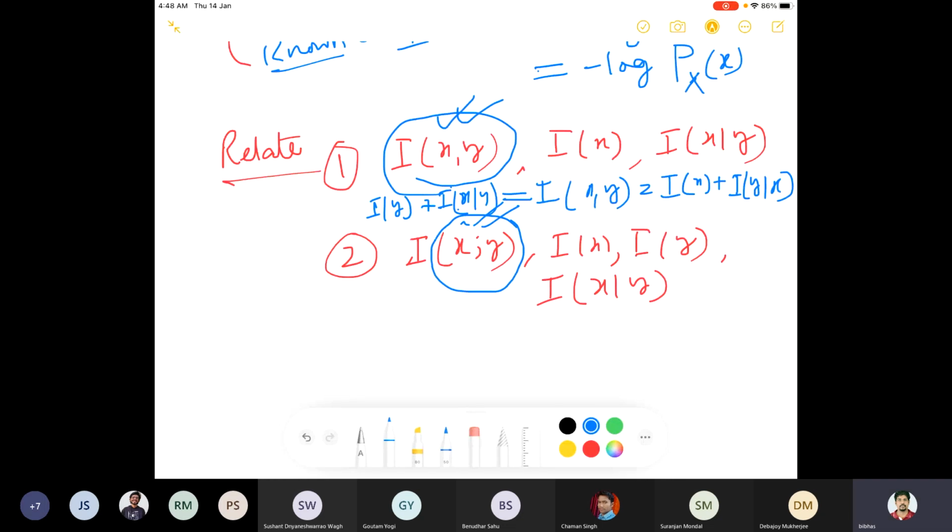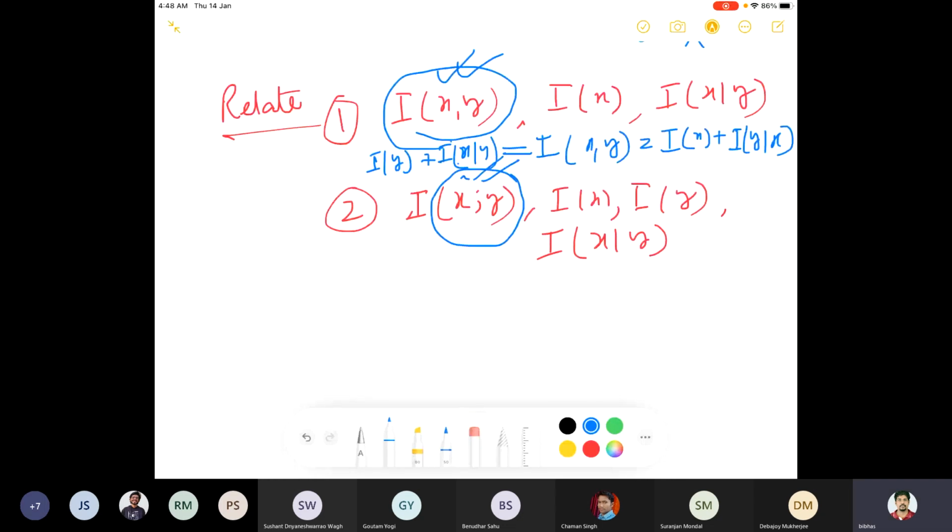How can you relate these quantities using the definition only? Can anybody tell me how these are related? You just have to use the definition.